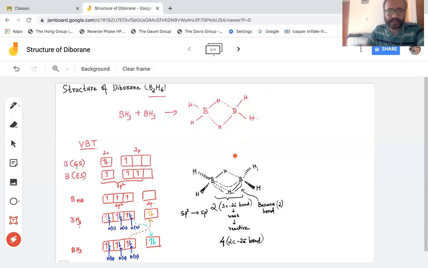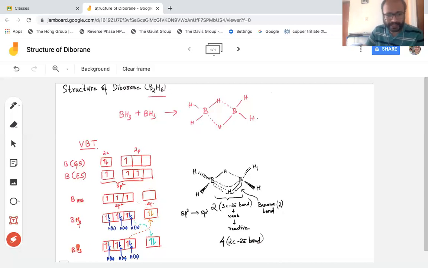If that is the case, how is that going to happen? As I told you, for getting rid of this electron deficiency, they form cluster compounds. That means these two BH3 molecules somehow share between each other so that they can compensate for the electron deficiency that is arising out of the empty 2p orbital. How do they do that?